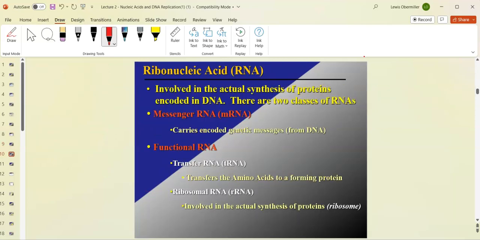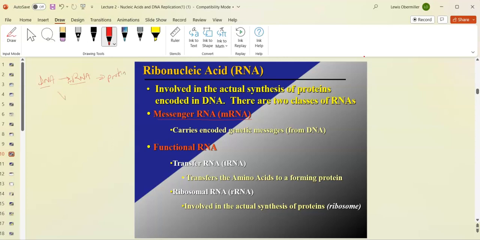Okay, RNA, we talked a little bit about this. When we talked about DNA being turned into RNA through transcription, we're talking about messenger RNA. That's the message that comes from the DNA. So we sometimes put M in front of it, and that means it's messenger RNA. This is the main RNA that's going to be turned into protein.